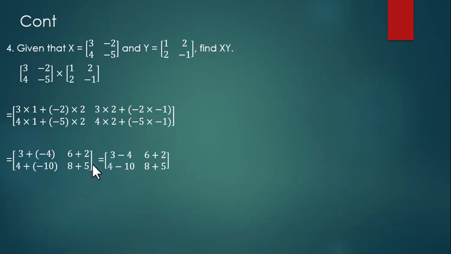So we add up all this. Negative times positive, we get negative, so this becomes minus 4. Then this remains the way it is. So therefore our final answer, when we do 3 minus 4, we get negative 1. 6 plus 2, we get 8.